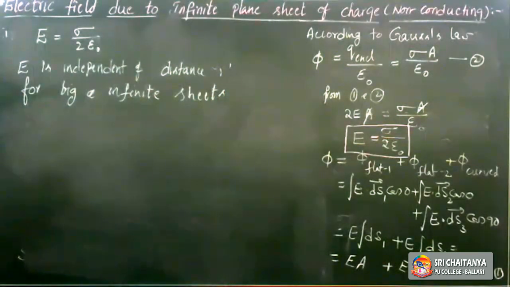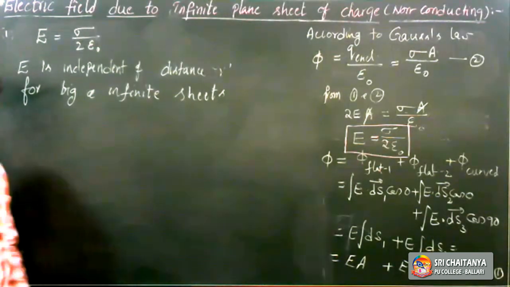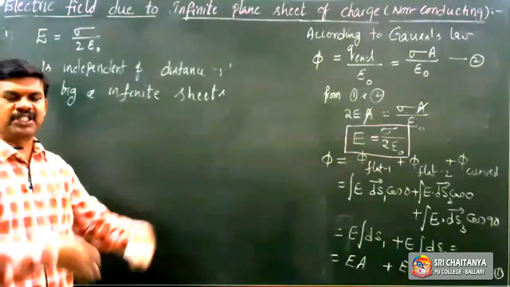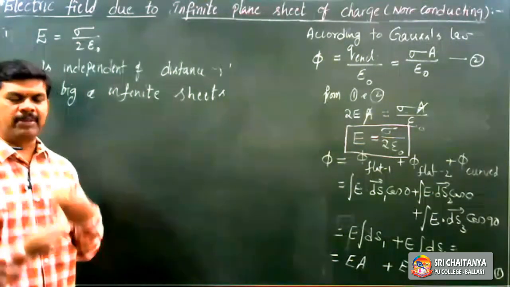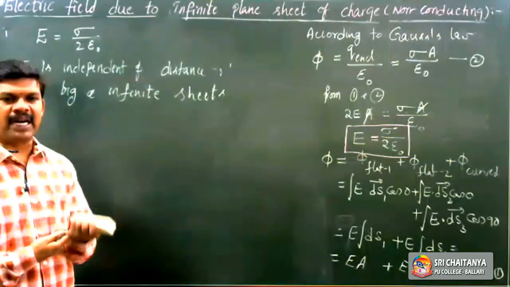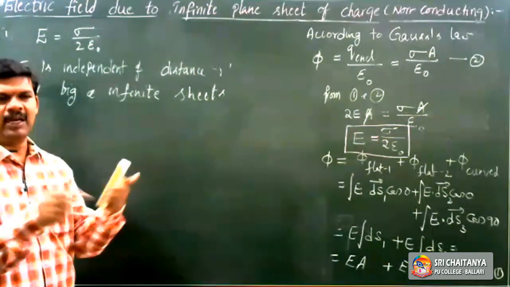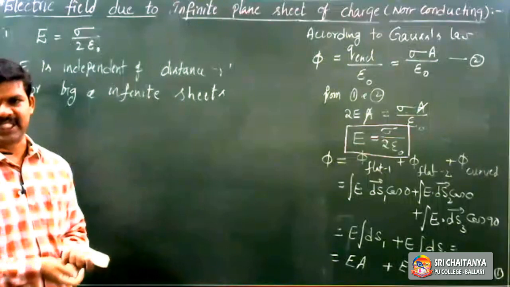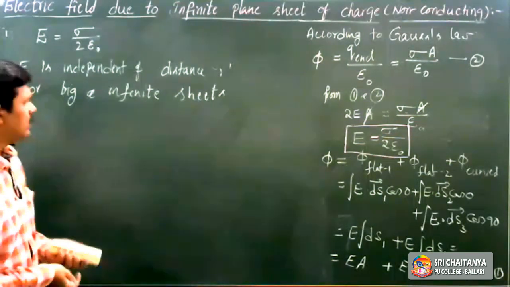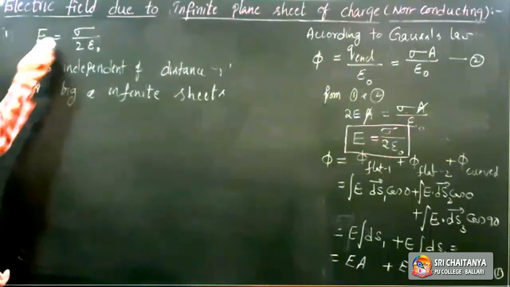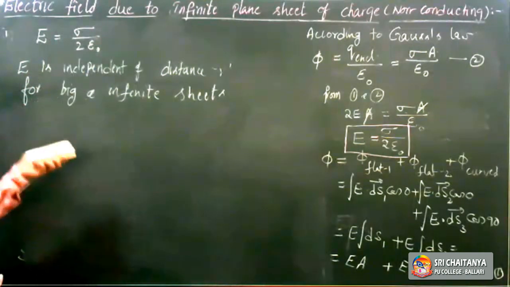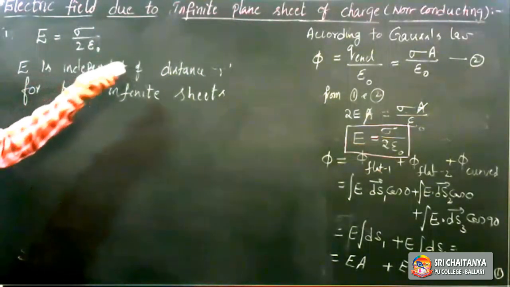Big sheet, what I told you, the dimensions of the sheet are very large compared with distances. R value is very, very small compared with the dimensions of the sheet. For such types of sheets, E is equal to sigma by 2 epsilon naught, where E is independent of the distance.